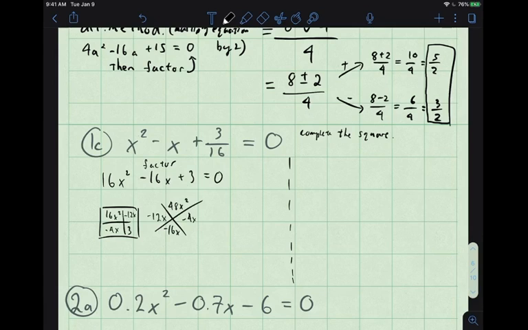And 4, 4x, negative 1, negative 3. So factored gives us this form, so 3.